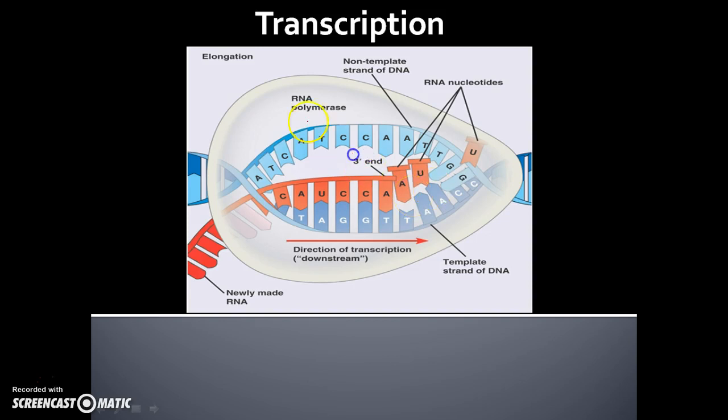It's going to open up this bubble just big enough so that we can bring in RNA nucleotides to match up with our DNA bases. You see here that we've got a DNA base sequence of T, A, G, G, T, T, A, and we're bringing in our RNA bases C, A, U, C, C, A, U, and so on and so forth.